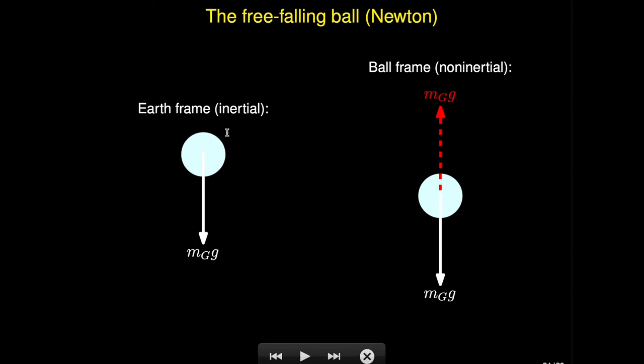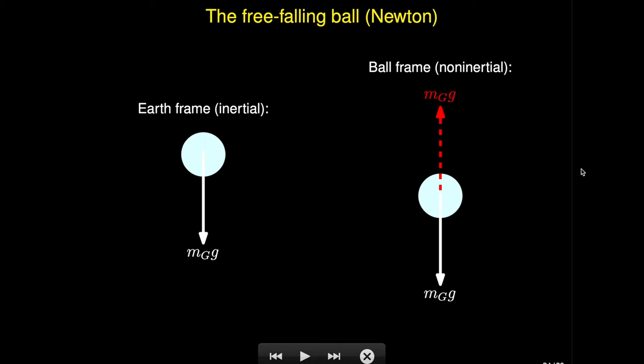I call it the Earth frame. What forces do I see? Well, I just see a single force on the ball: the force of gravity pulling it down. And that force is the gravitational mass times the acceleration due to gravity. And that is an inertial frame. As I just stand on the Earth, I am not accelerating, so my frame of reference is inertial. It's the ball that accelerates as it falls.